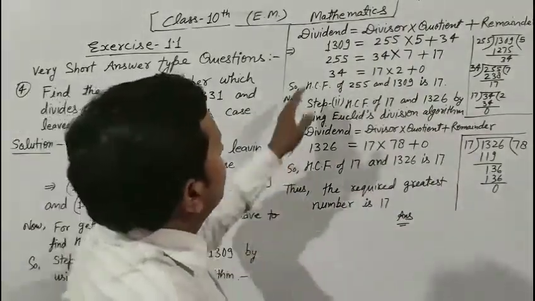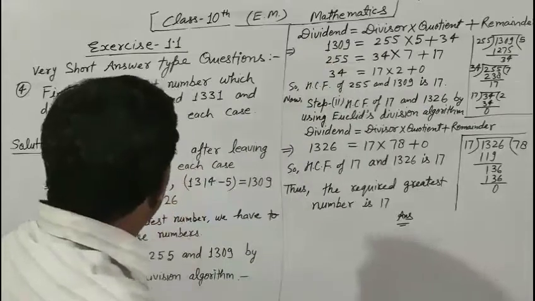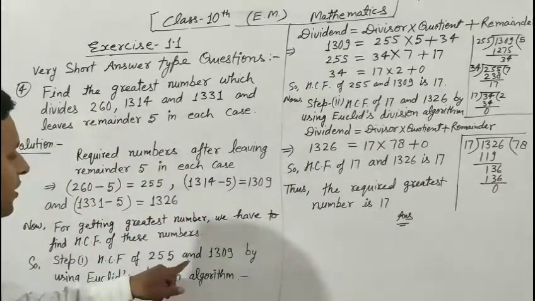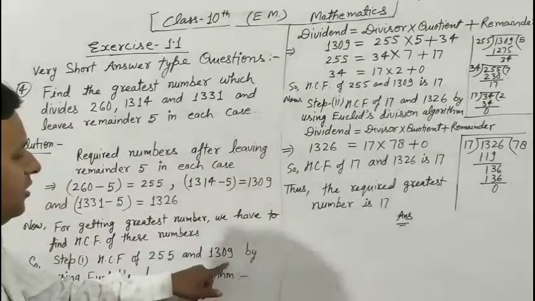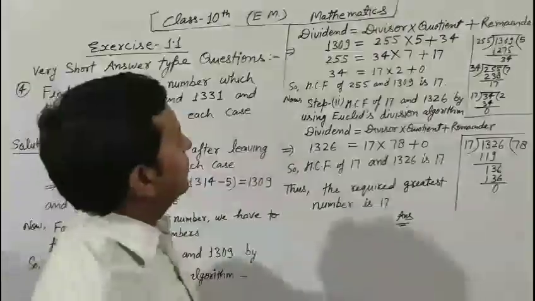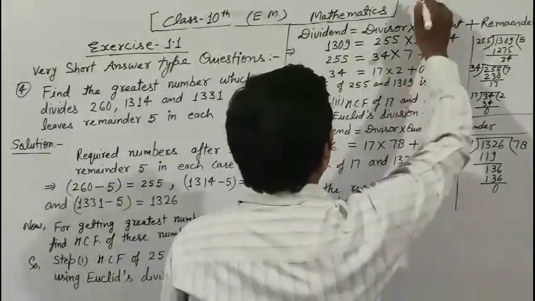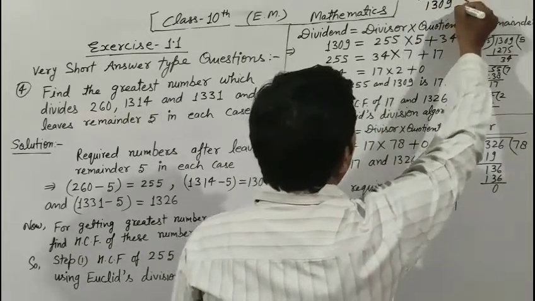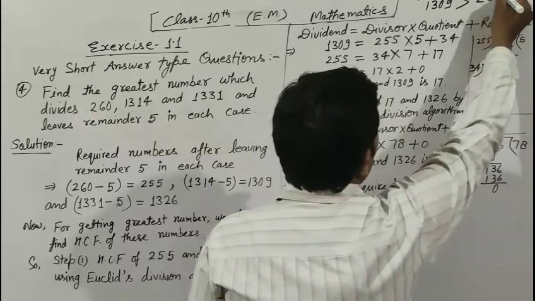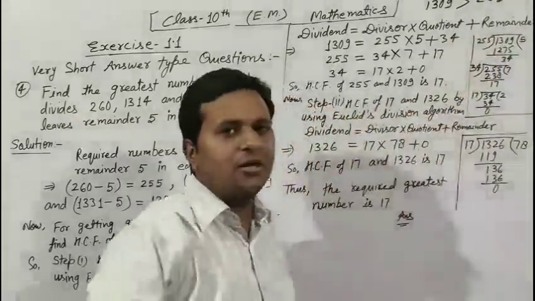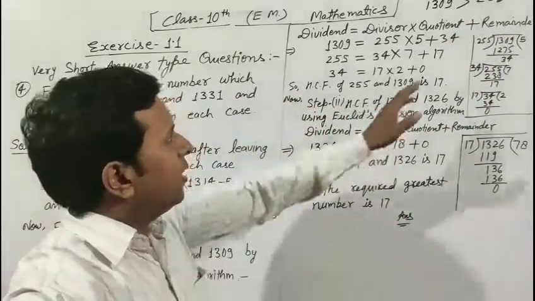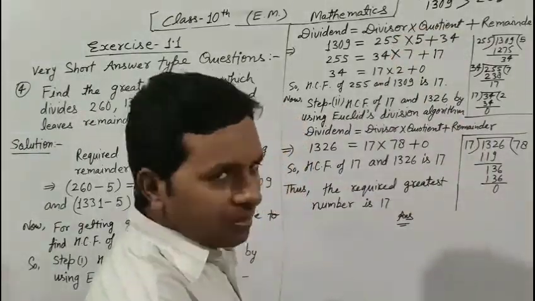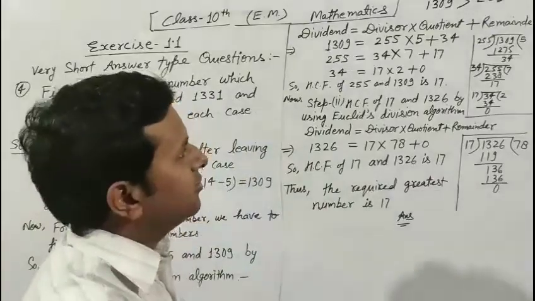Now, using this formula, we try to get the HCF of 255 and 1309. 1309 is greater than 255. It is not necessary to always write this, but I wrote it here so that you can solve it easily.